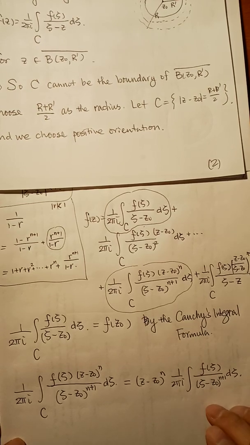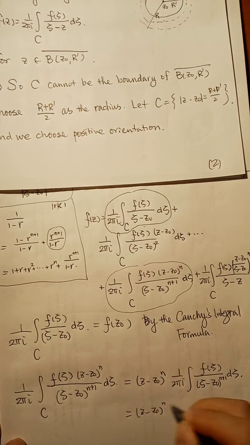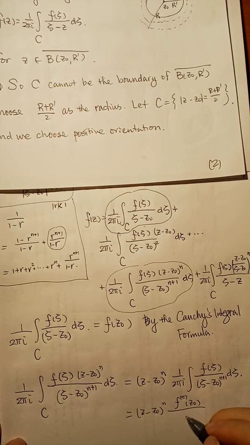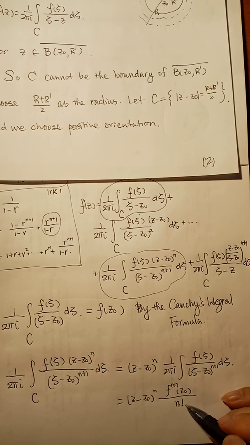This is exactly the nth derivative but divided by the factorial. So this is equal to the nth derivative. Be careful about the shift of the index, and divided by n factorial. So we do have that higher order derivative formula here.